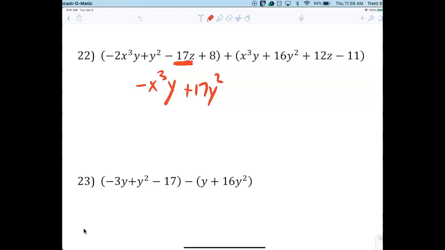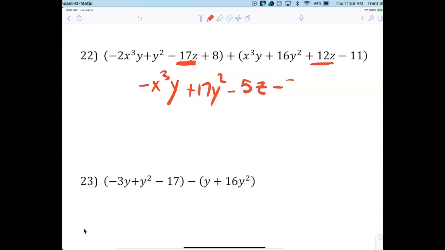I'm looking at negative 17 plus 12. Minus 5. Do we know our alphabet? Oh, minus 5. There you go. That letter is a Z, okay? Let's review the alphabet. And then what? Minus 3. We are awesome.